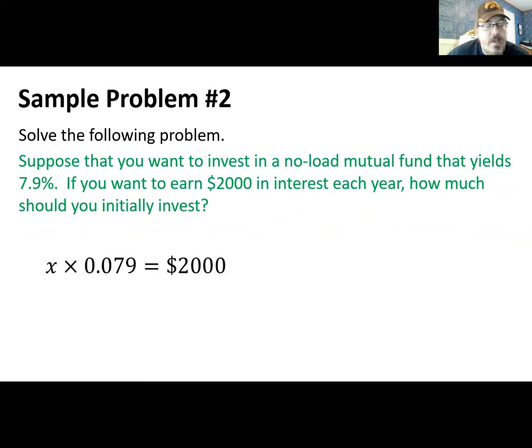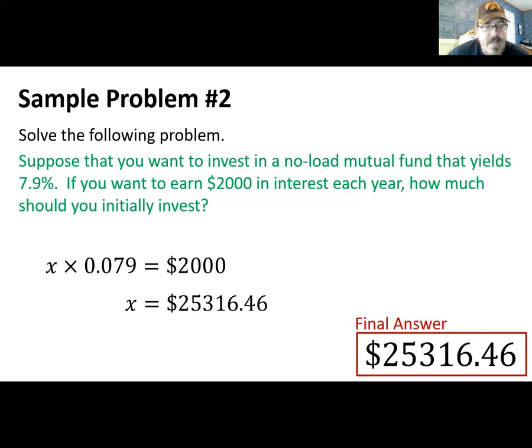So we have a little mini equation that we're going to solve. X represents our initial investment. 7.9% written as a decimal is 0.079. We want that to ultimately equal $2,000. So we just need to do the opposite in solving the mini equation, divide by 0.079. And so our investment needs to be $25,316.46. If we purchase that much in our mutual funds and the rate of return is 7.9%, that will get us $2,000 in interest per year.